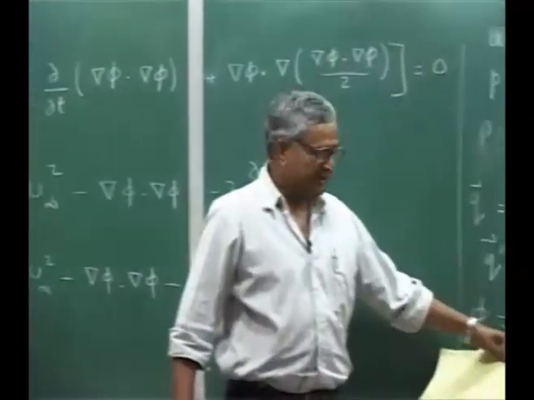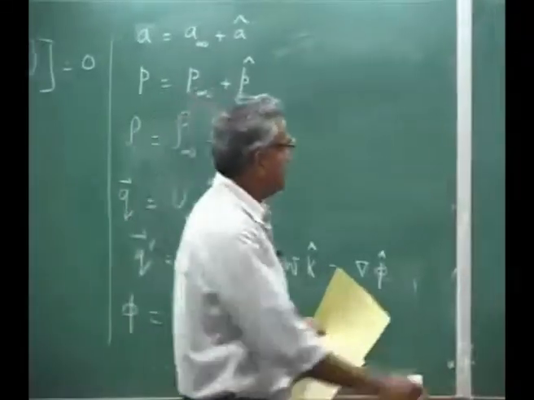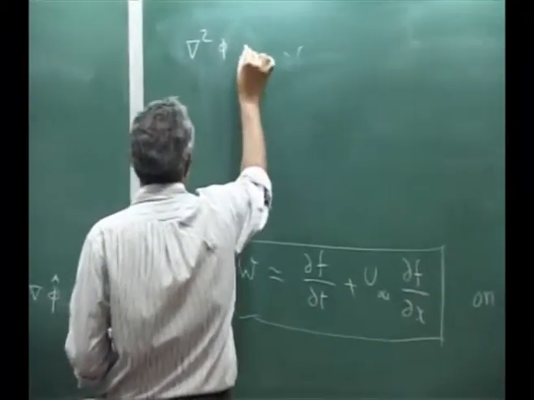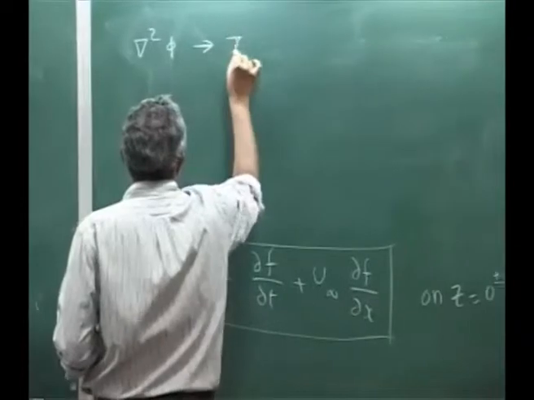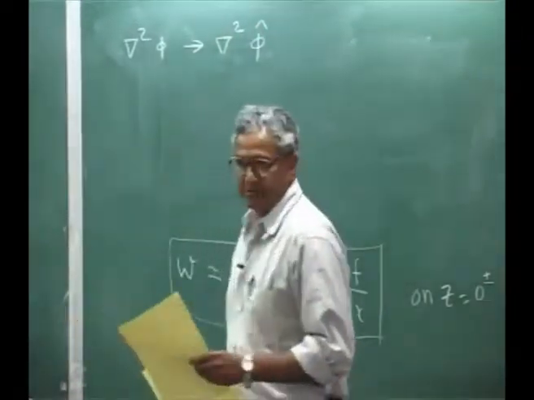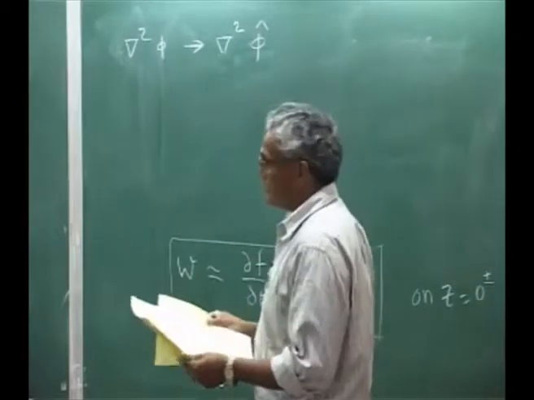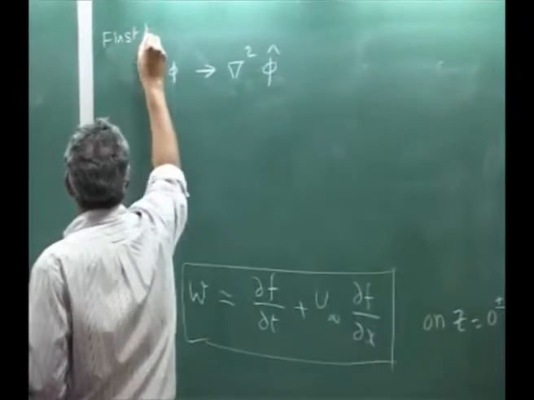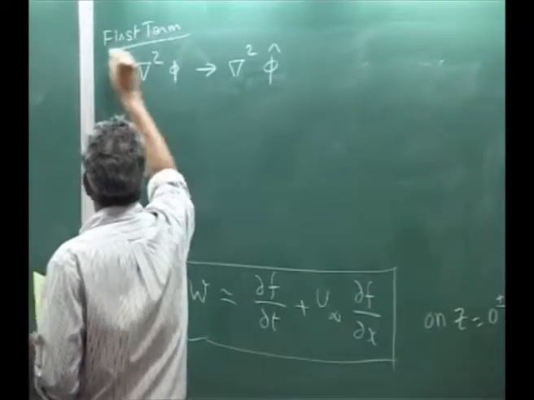When I substitute this, del square phi is going to become del square phi hat. There is no problem. That is the first term, because this is a little bit of algebra.